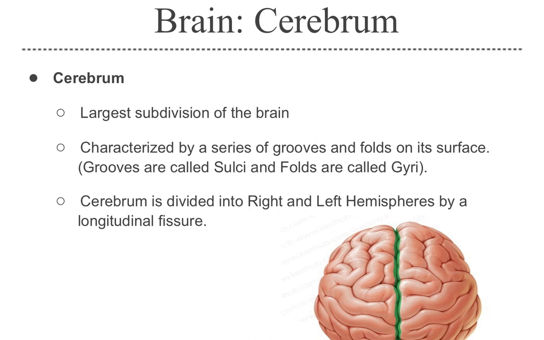So the cerebrum is characterized by those grooves and folds called sulci. So know that will be found on the cerebrum, and it's divided into two hemispheres, the left and the right. And we are divided by this longitudinal fissure here.